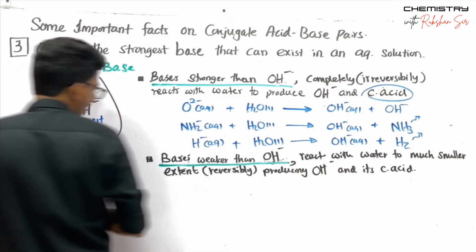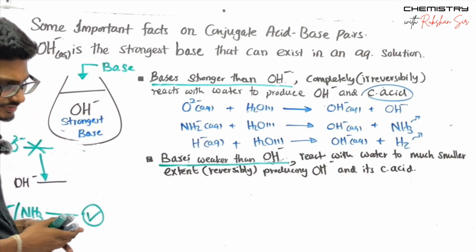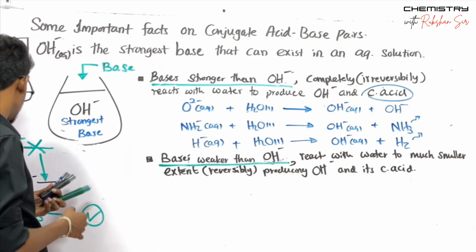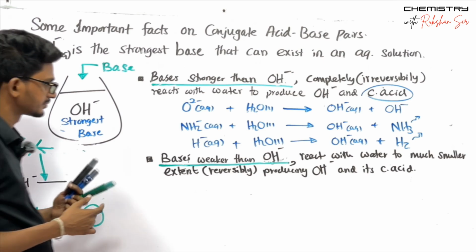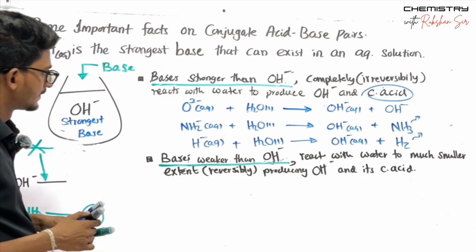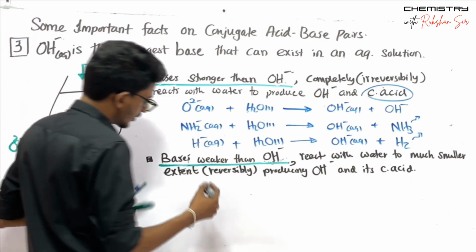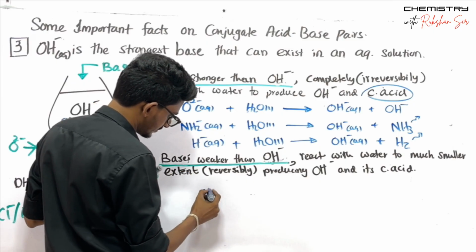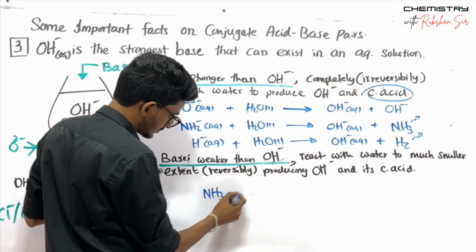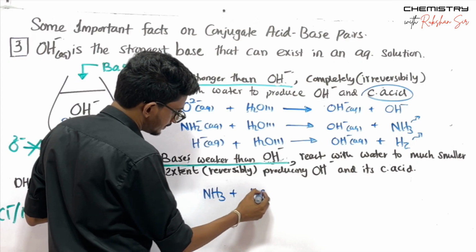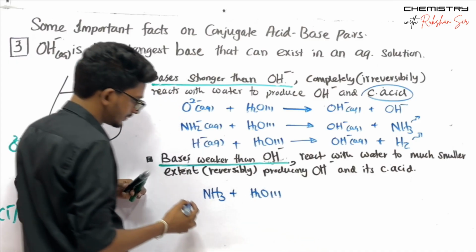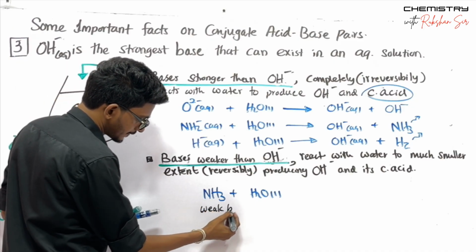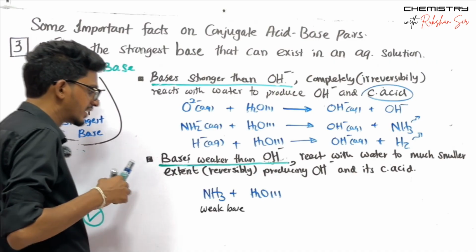If your base is weaker than the OH minus, no worries. So NH3 is a weak base. A weak base means a base which is weaker than OH minus.